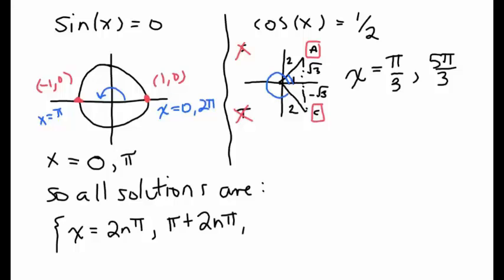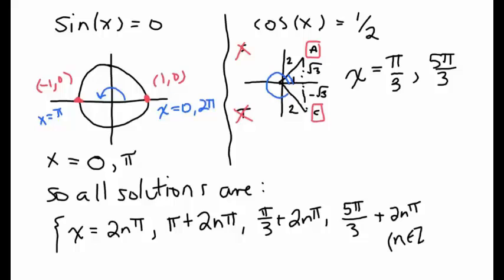Next, since cosine is 2 pi periodic, we're going to get pi by 3 plus 2n pi. And finally, since cosine is 2 pi periodic, we're going to get 5 pi by 3 plus 2n pi. And of course, all of the n's here are integer values. These four solutions give us all possible solutions to our original equation.